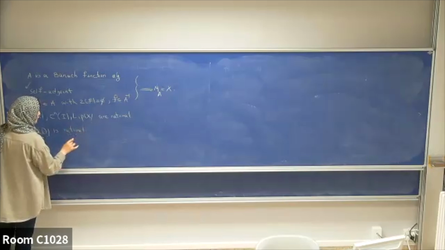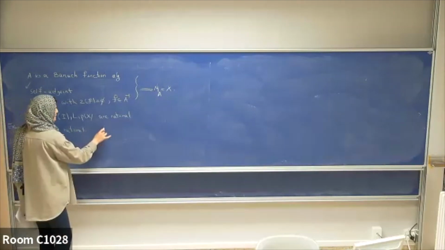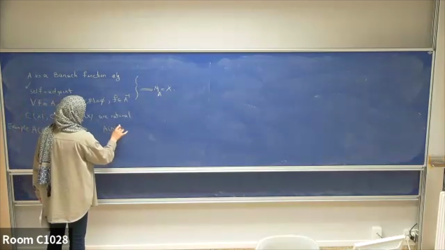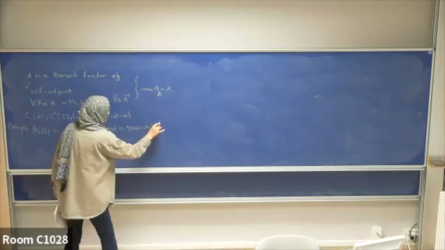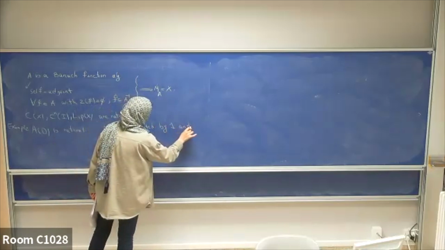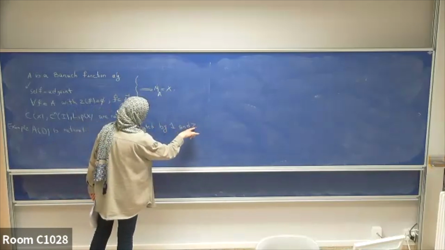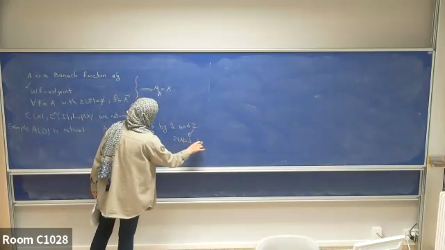It means that each character in M of A is the evaluation homomorphism. As I told you before, AD is generated by the constant function 1 and the Z function. This is the inclusion map. I mean that Z of lambda is lambda.